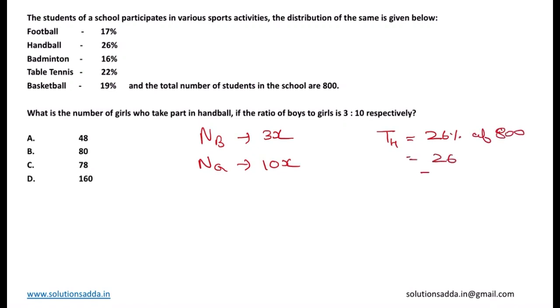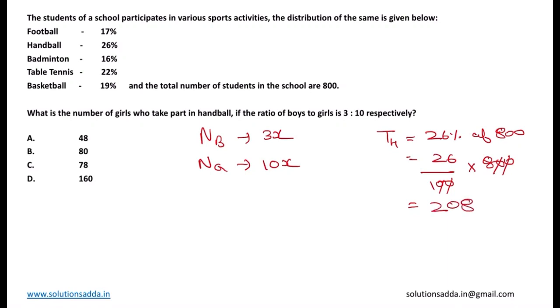So 26 by 100 cross 800, it comes to 26 times 8, which is 2 8s are 16 and 6 8s are 48. 160 plus 48, that is 208.